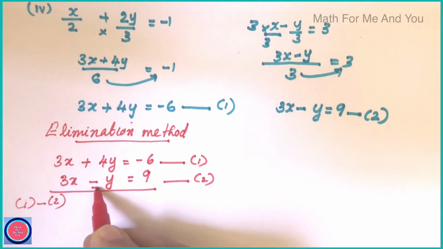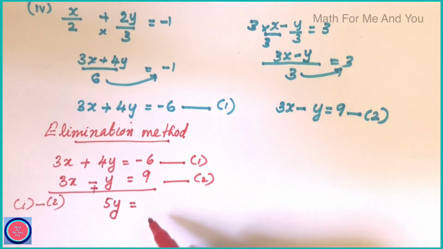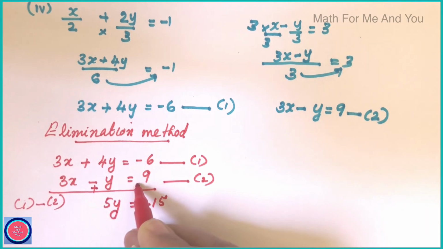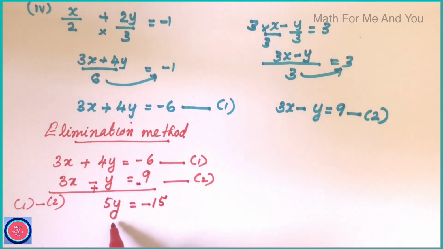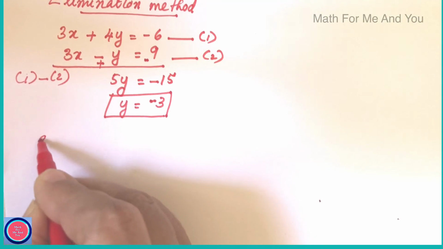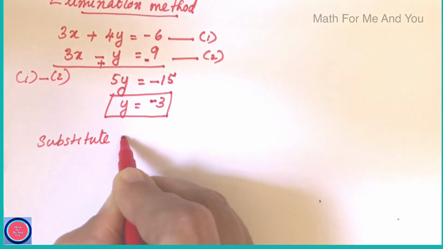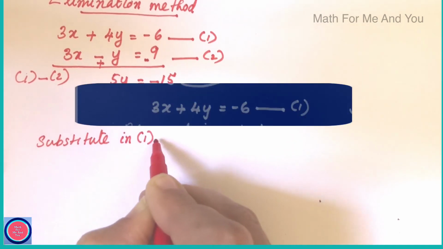And then every term changes its sign. 3x minus 3x, and 4y plus y becomes 5y equals minus 6 minus 9, which is minus 15. 5y equals minus 15. What about y? y equals minus 15 over 5, which is minus 3. Now we can substitute this value in any of the equations. Substitute in equation number 1.